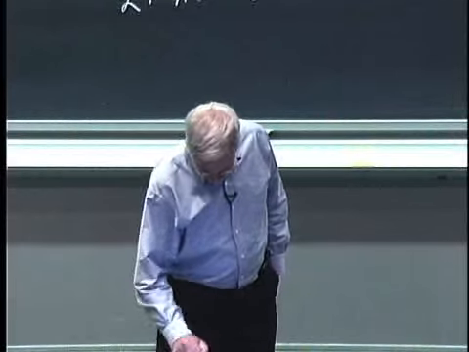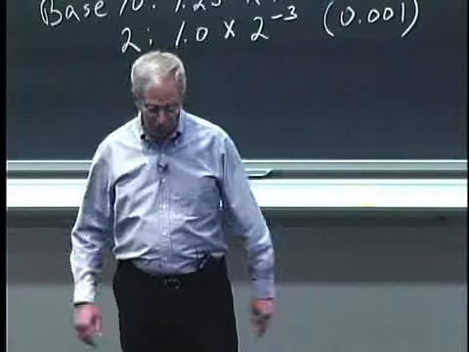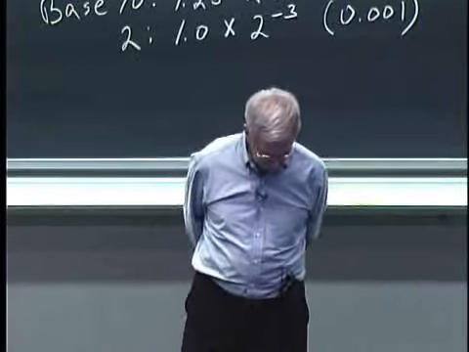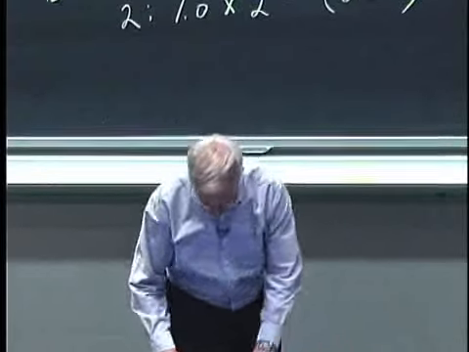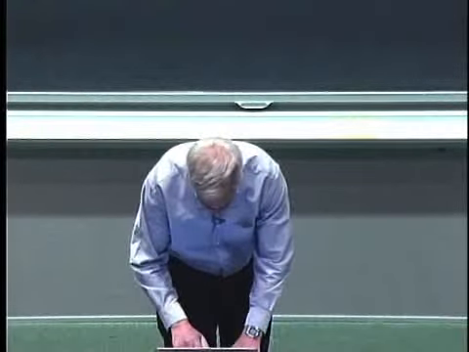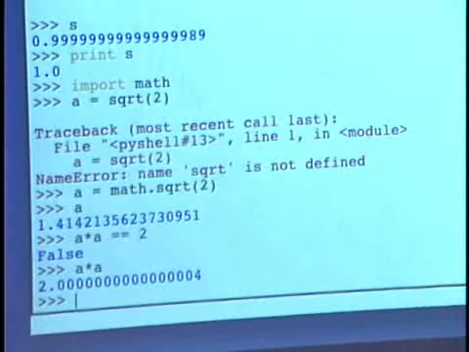But by now, you won't be surprised that the answer of this is false, because we know what we've stored is only an approximation to the square root. And that's kind of interesting. So we can see that if I look at a times a, I'll get 2 point a whole bunch of zeros, and then a 4 at the end.